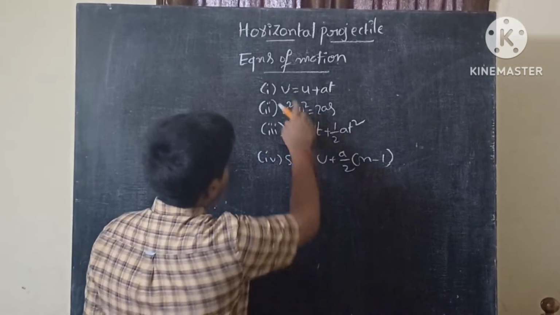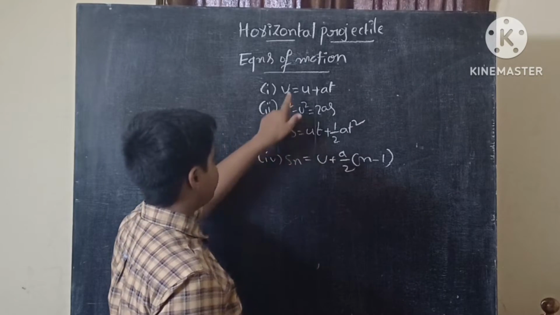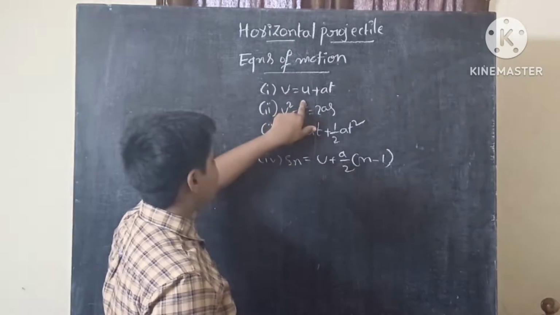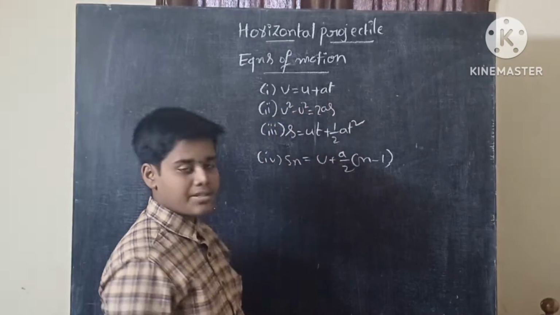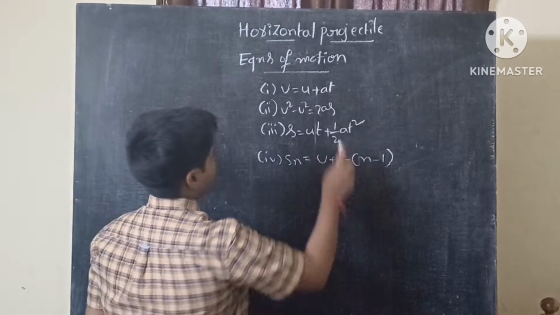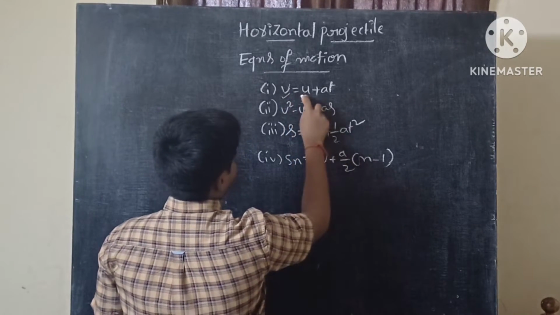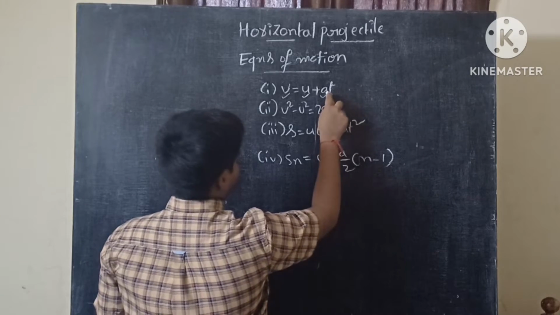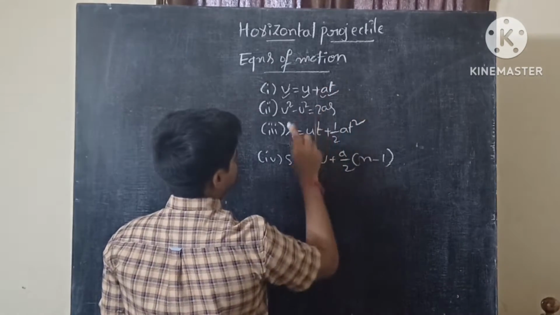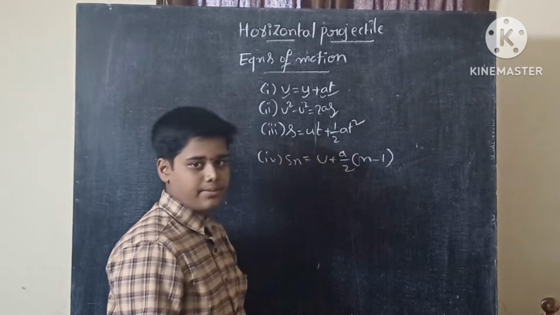So first one, v equals u plus at, which means final velocity equals initial velocity plus acceleration into time. Here v means final velocity, u means initial velocity, a means acceleration, t means time, s means displacement.